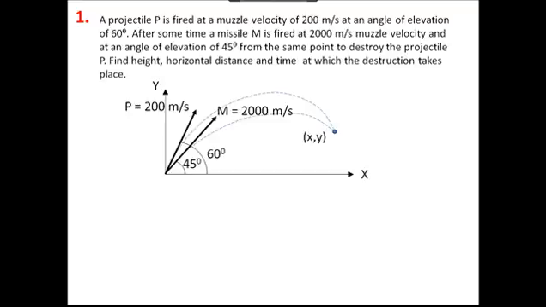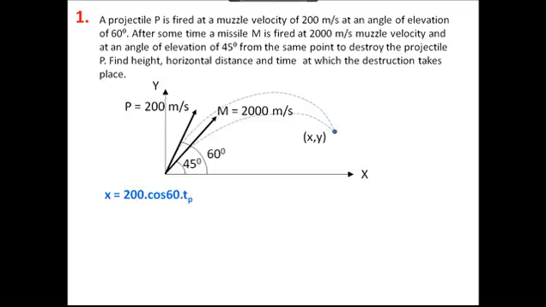So let's write out the expression for x, first for the projectile P. Then we'll write it for missile M. So for projectile P, x will be 200 cos 60 into Tp. Tp is the time it takes to reach point x.